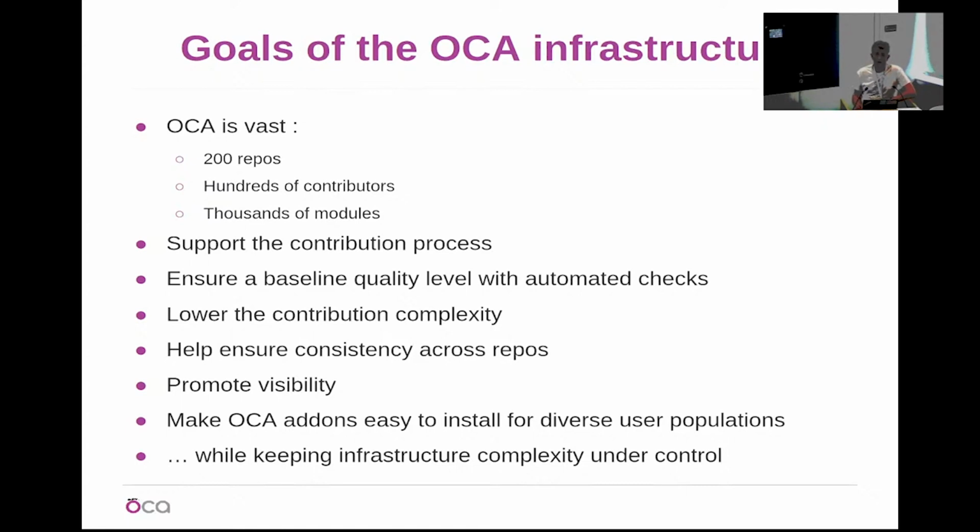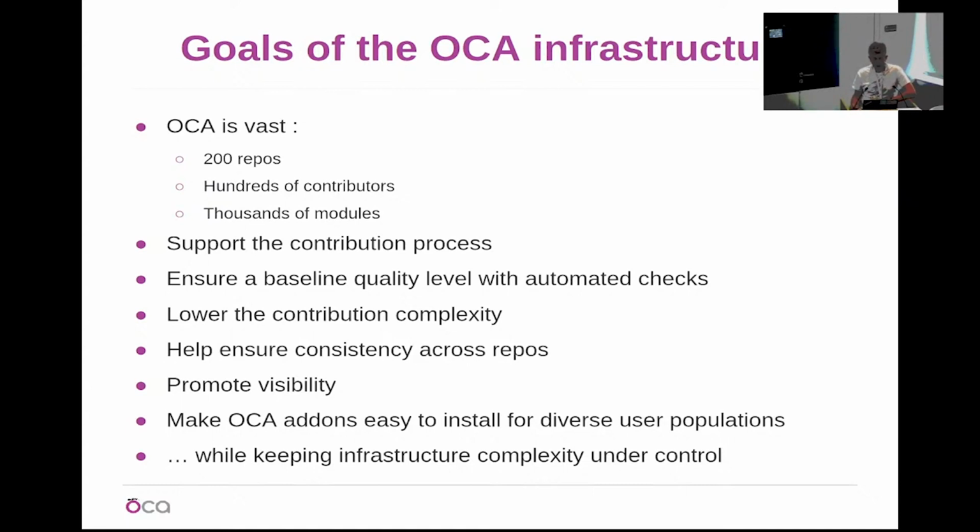Another goal is to help ensure consistency across repositories, because that's very particular in OCA compared to other open source projects that we have so many repositories. So trying to ensure consistency is important, but also at the same time trying not to disturb the working of existing repositories when we introduce new rules and so on.